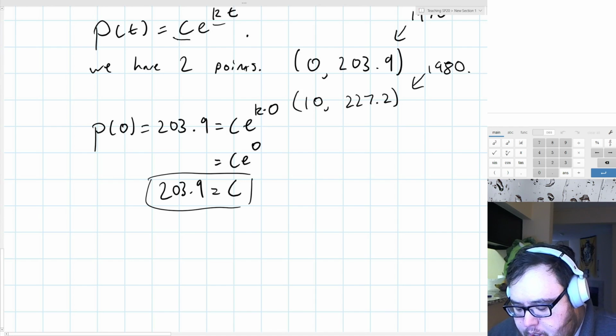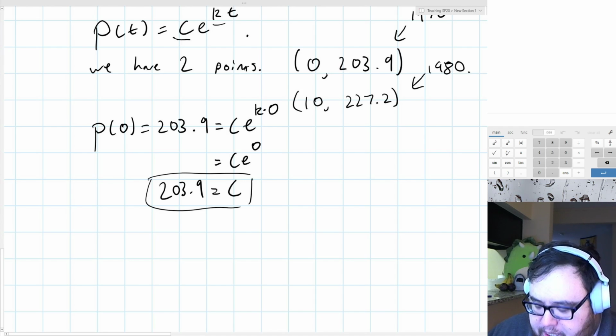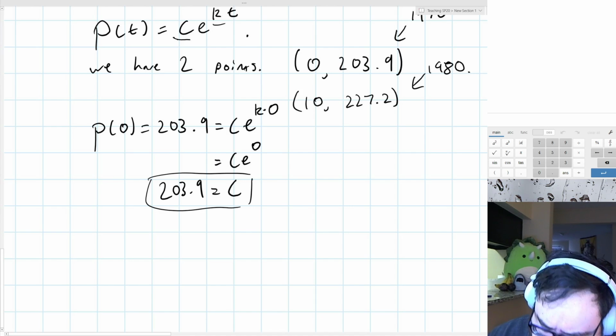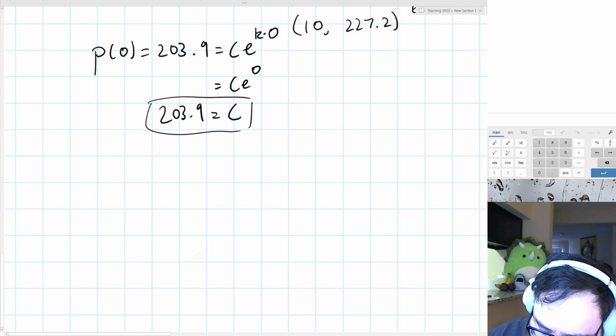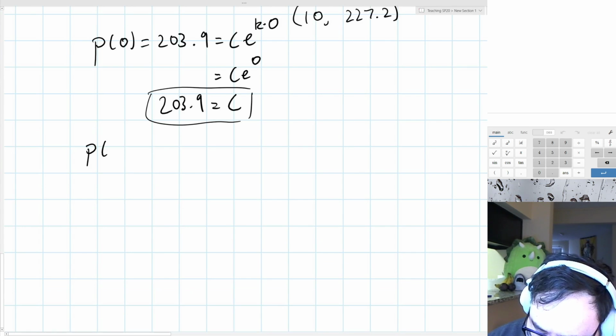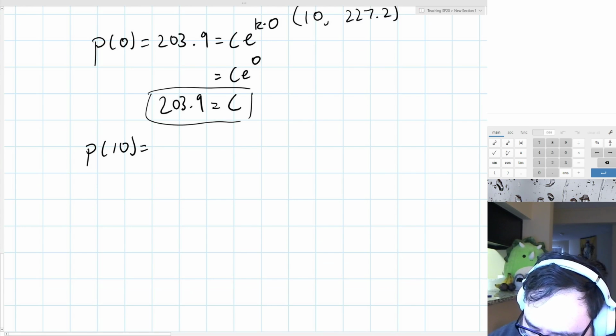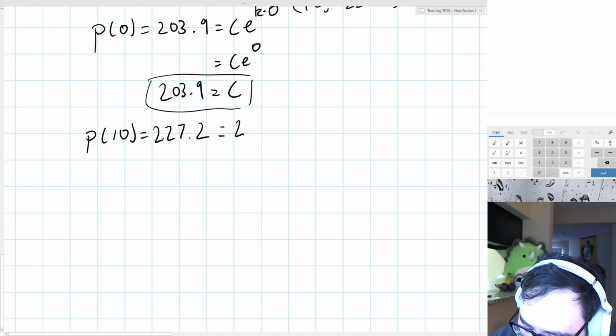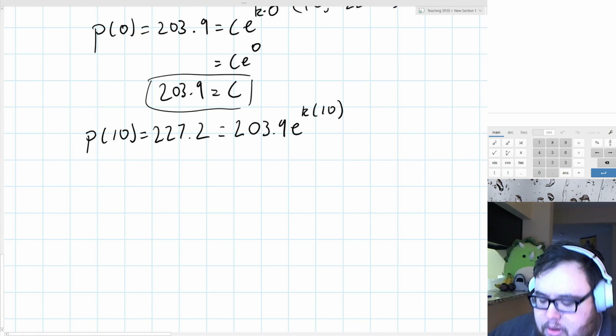However, the next part, we are going to actually have to do a little bit of math. We are going to have to use some logarithms. All right. So we're going to plug in our other point. P of 10 is equal to 227.2, which is also, we know that c is 203.9, times e to the k times 10, right?